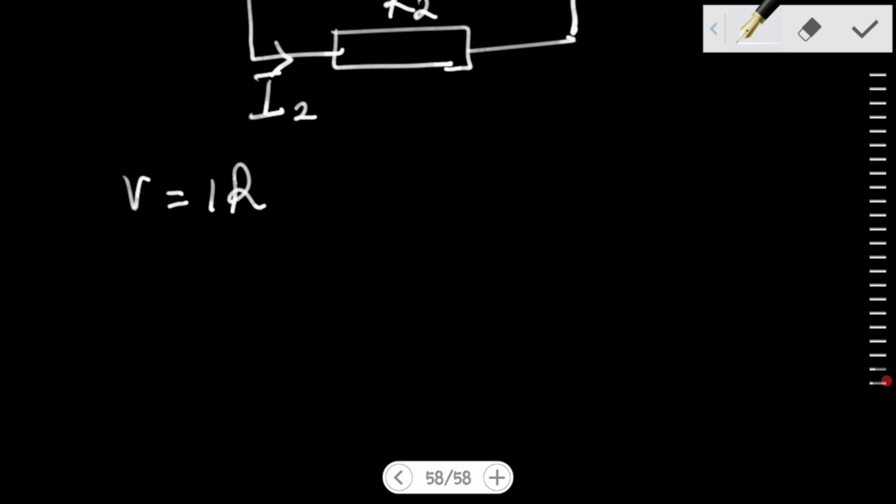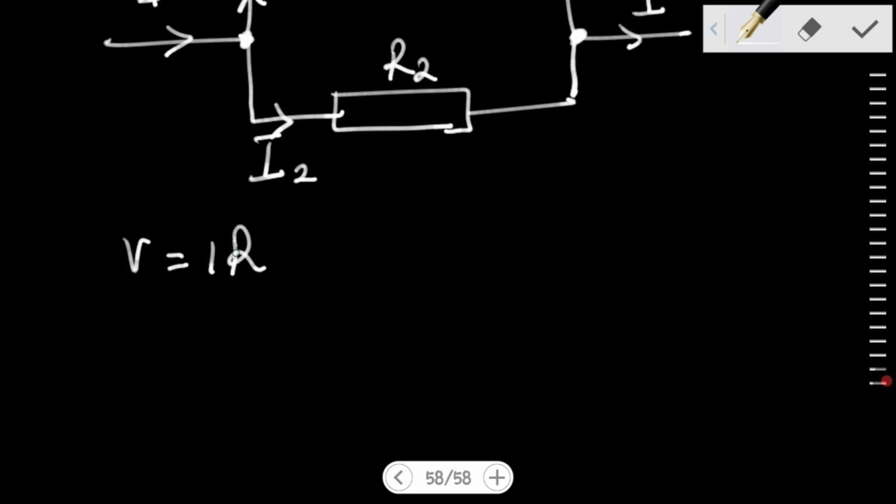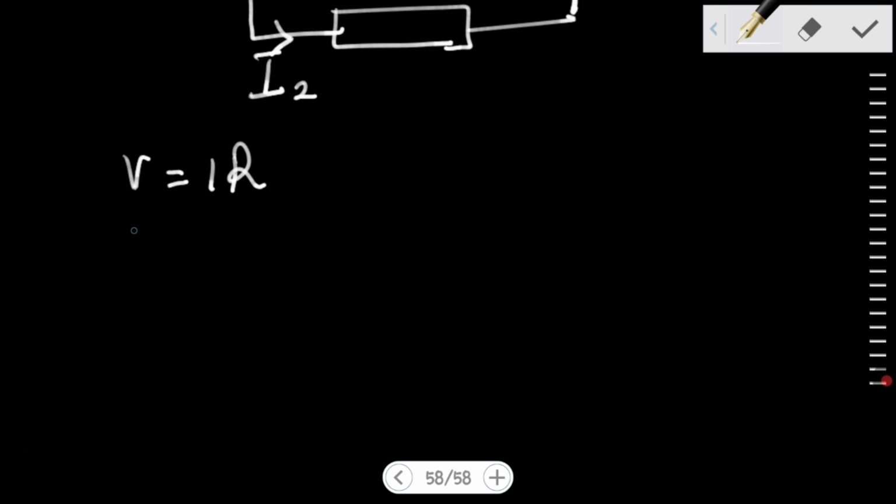Since PD is the same, and the current is different, V over R will be equal to the current.